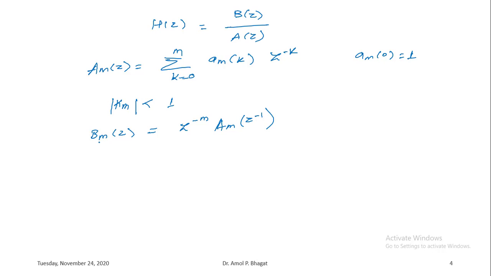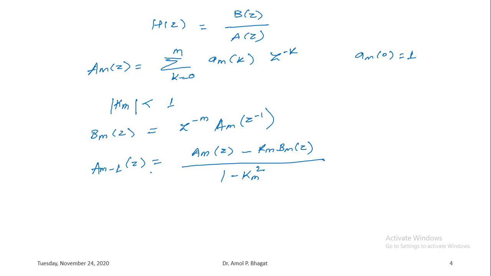After identifying Bm of z, we can identify the lower order polynomial, that is Am minus 1 of z. The formula for Am minus 1 of z is Am of z minus Km Bm of z, whole upon 1 minus Km square.